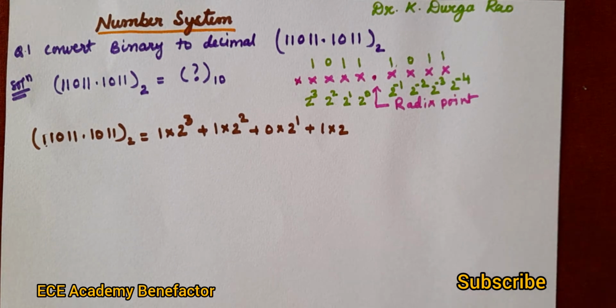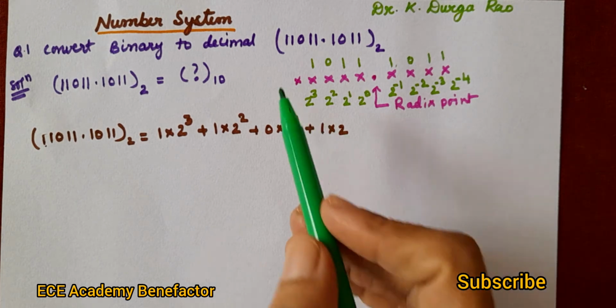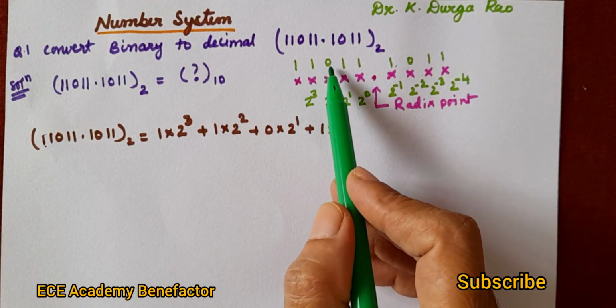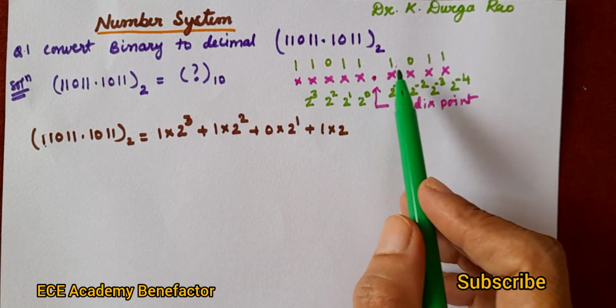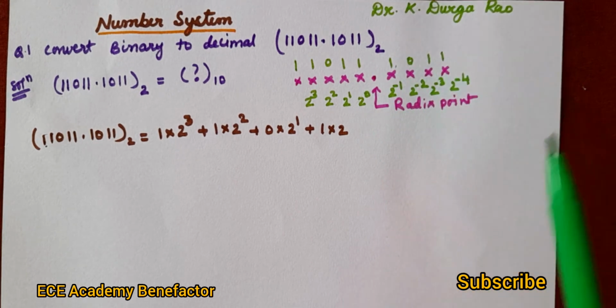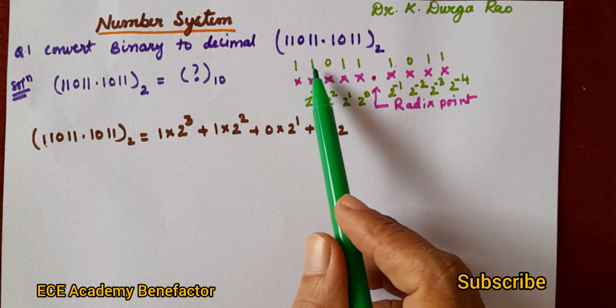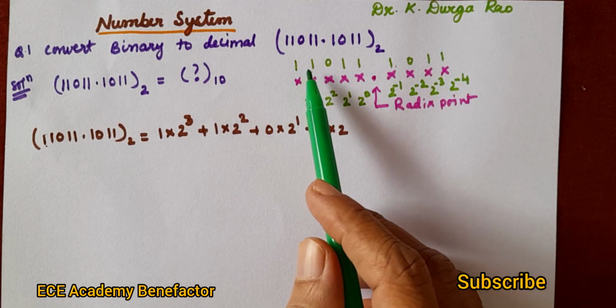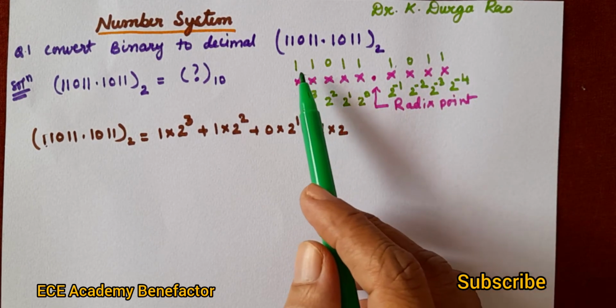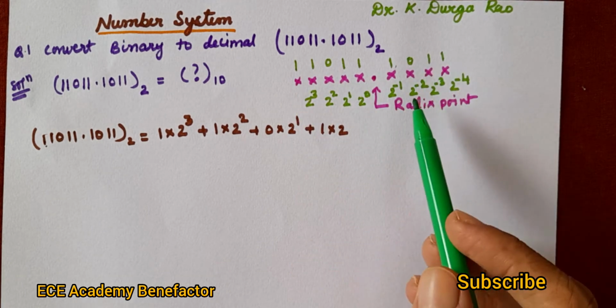It is written as 11011.1011. So, we have represented this x, which can be 1 or 0, as it is a binary number.